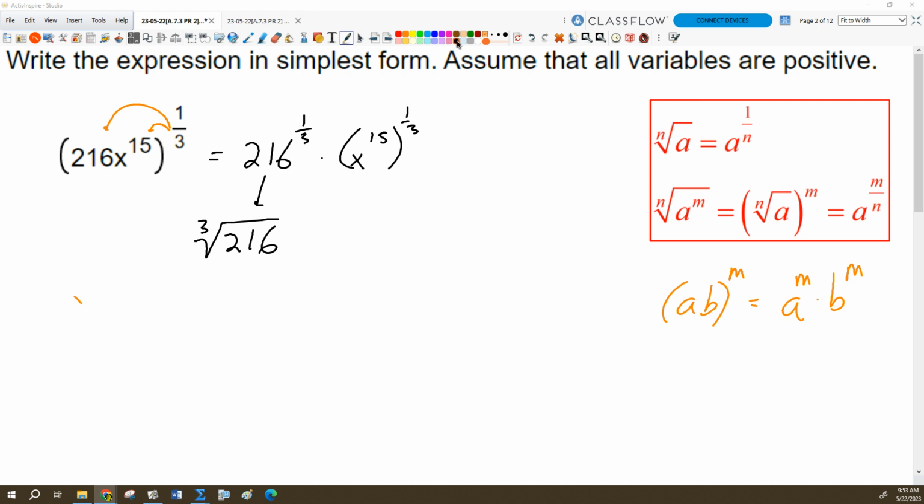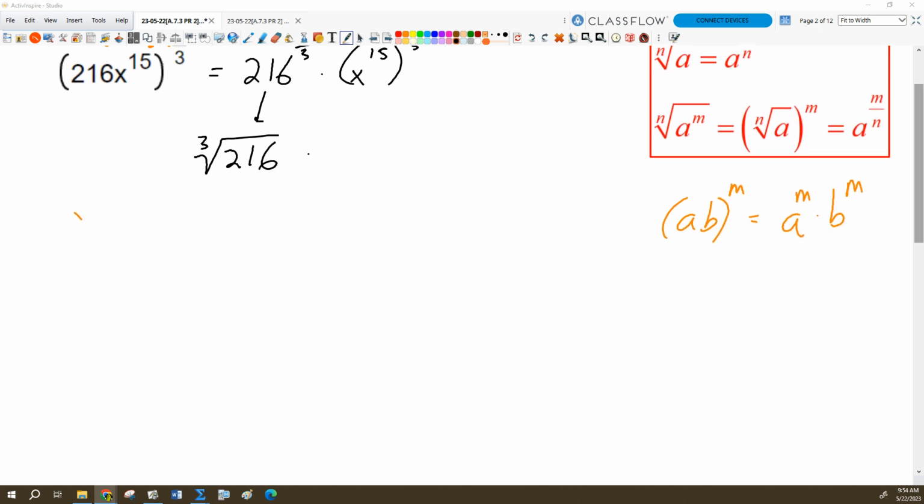And we'll get to that, times, what about this part? X to the 15th to the 1/3. Now, what's my property if I take a power to a power? What did we say we did there? Like a to the m to the n. What did I do there, Arson? What do I do there?